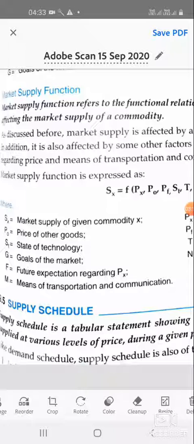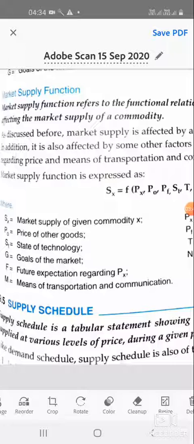For example, a hypothetical schedule for a commodity X: at the price of rupees 1, the quantity supplied is 5; at 2 rupees, 10; at 3, 15; at 4, 20; and at 5, 25.